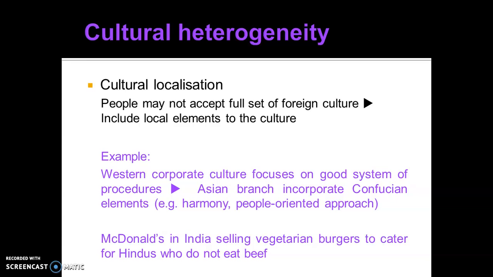So in many big companies in China, even those operated by MNCs, they will include elements like harmony, having more flexibility, having some room for people to gain some advantages. So you can see, even for the management cultures of Western MNCs, they also need to incorporate some local elements of the Eastern world.